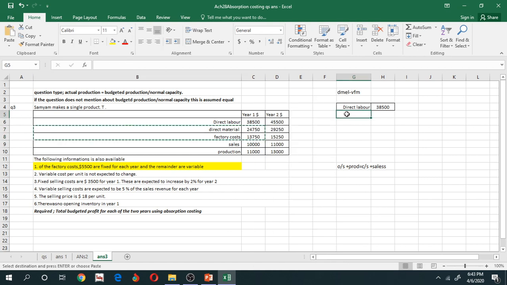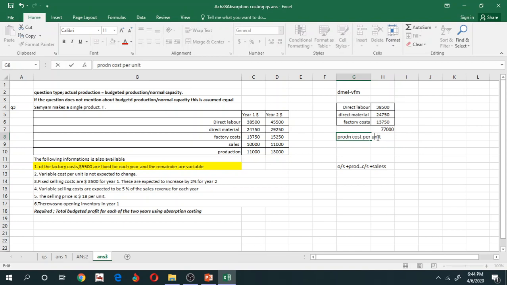So I'm going to copy it here. We add these 3 up, and you get your total production cost. Total production cost is 77,000. You divide this by production units, you divide by 11,000, and you get $7 as production cost per unit.